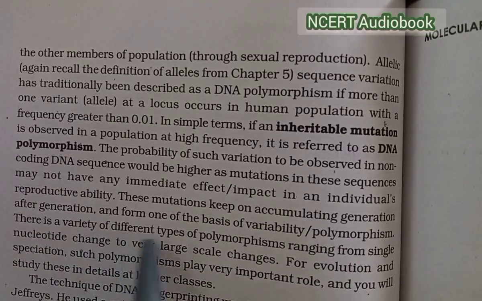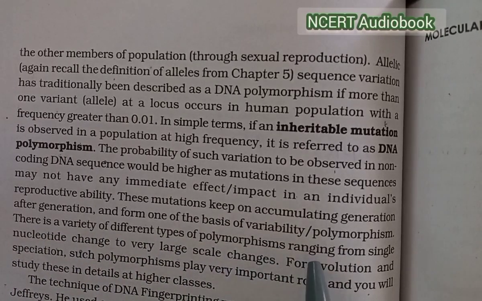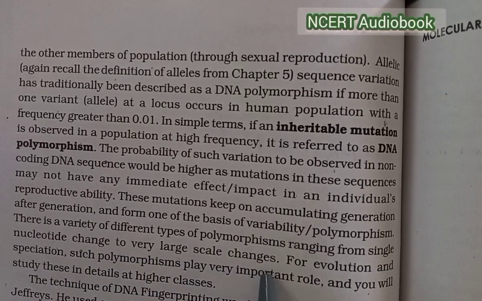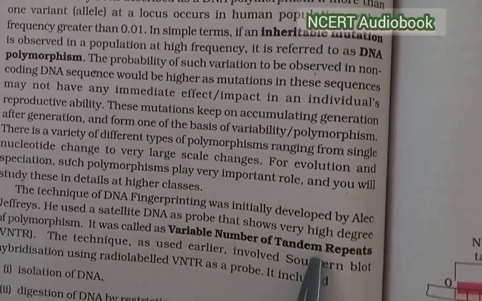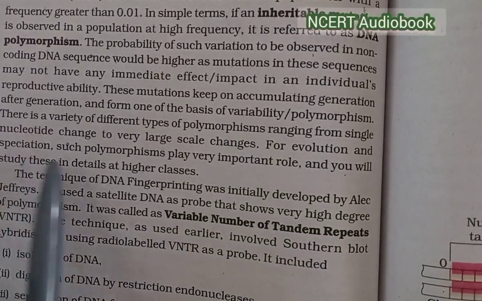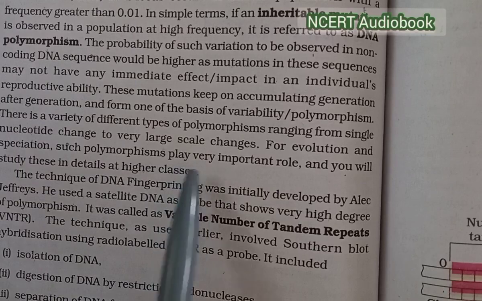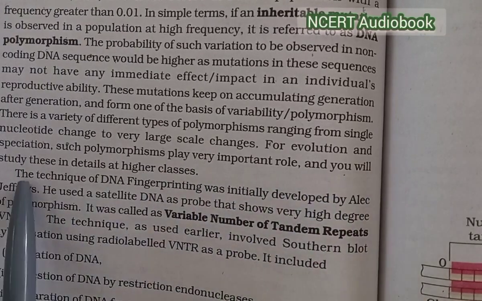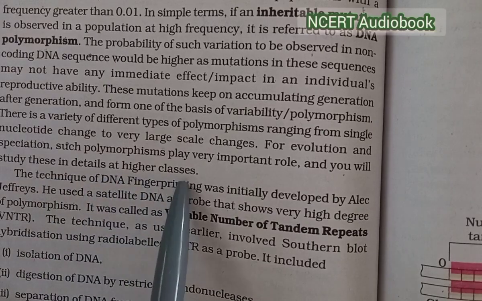There is a variety of different types of polymorphism, ranging from single nucleotide change to very large scale changes. For evolution and speciation, such polymorphism plays a very important role, and you will study these in detail in higher classes.